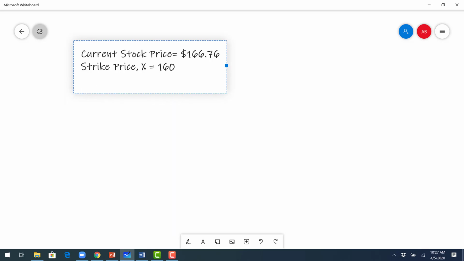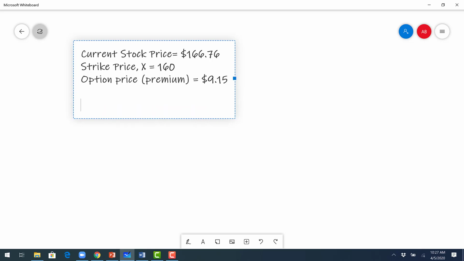And also let me put the premium here. Option price, which we refer to as premium, is $9.15.